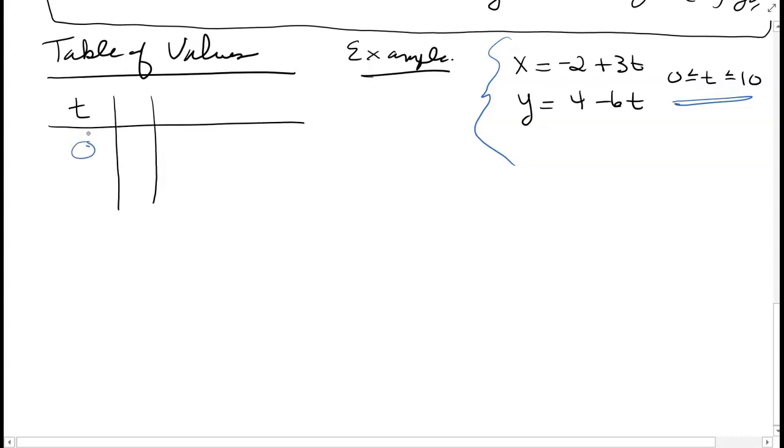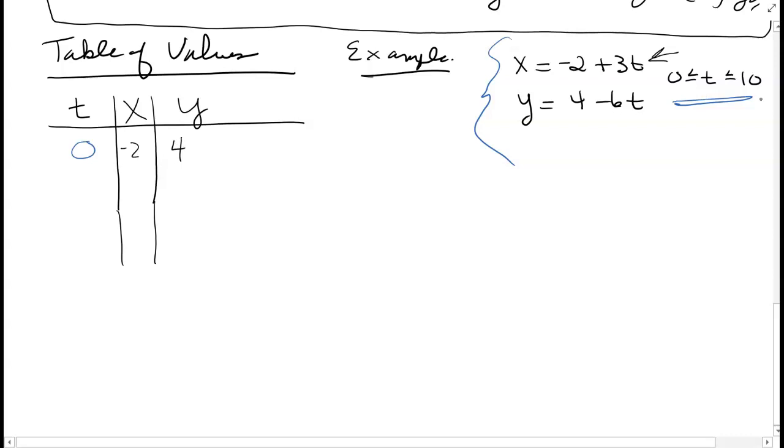We're going to start with t equaling 0. So now, what is my x value and what is my y value when t actually equals 0? You just come over here to the equations, plug in t equals 0 for x. You see x is -2. Plug in t equals 0 for the y equation and you see y is 4.